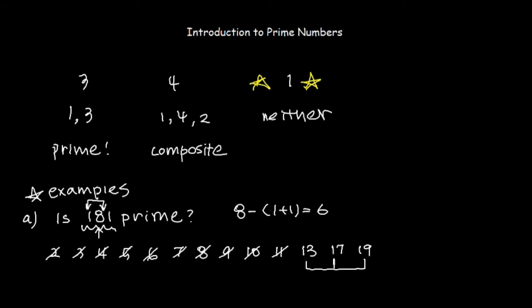Usually for 3-digit numbers, this is not the case. So I do recommend checking up to probably number 13 if you really want to make sure this is not a prime number. But starting from above 19, I recommend you not waste your time checking those and just put prime, because usually those numbers will not divide into this. So through this, we can conclude that 181 is a prime number.